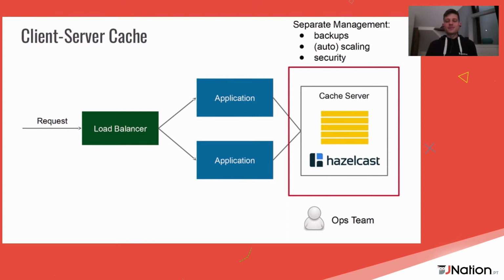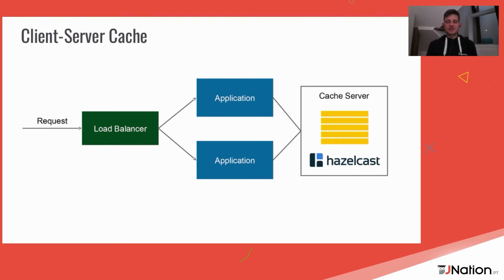And the second big difference between this and embedded cache is this part. Because now the application uses a cache client to connect to the cache server, which means that the cache server can be written in a totally different language than the application service. It just needs a well-defined protocol, and that's all.